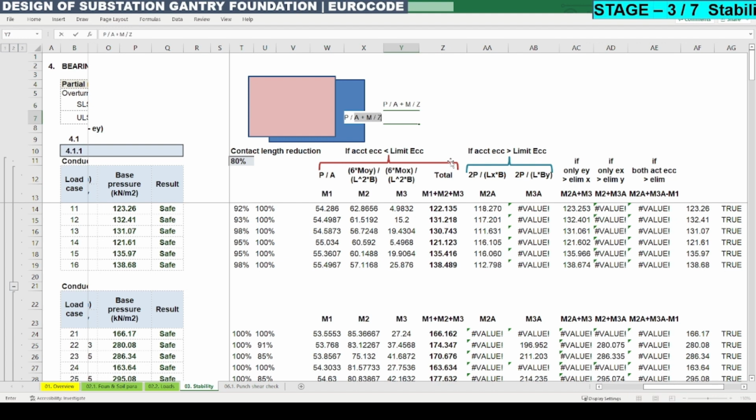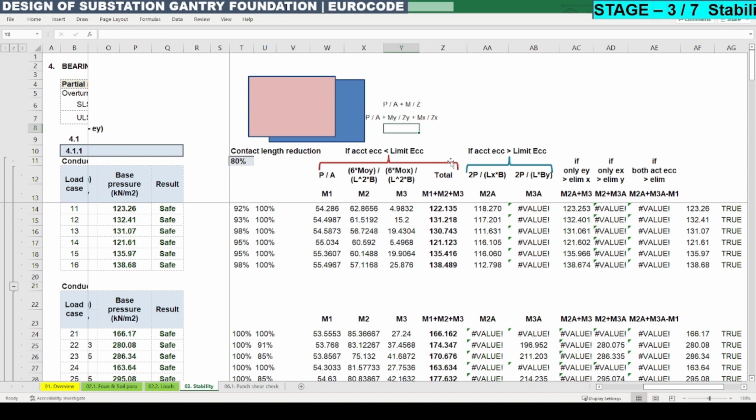While arriving at the two-way bending equation, it should be expanded like M of Z of Y plus M of X. If it is a two-way bending moment, then the equation has to be expanded like this.